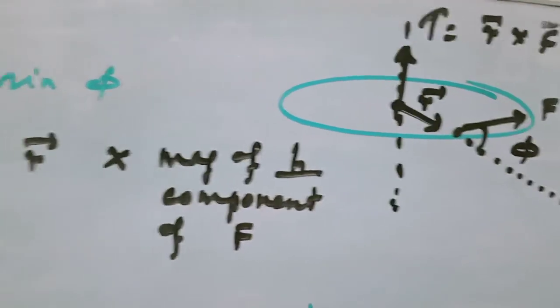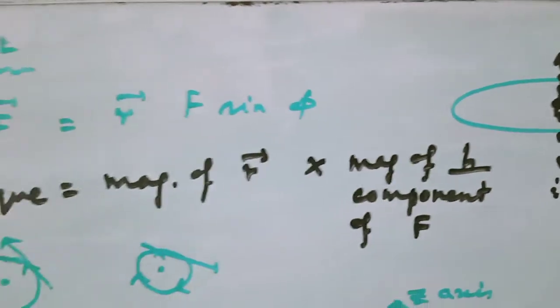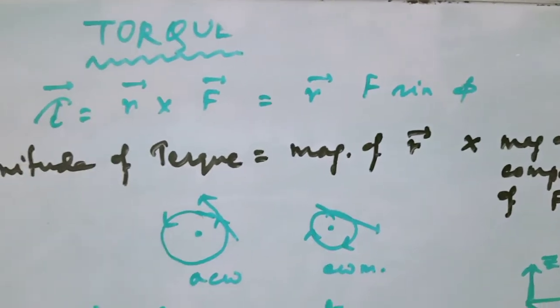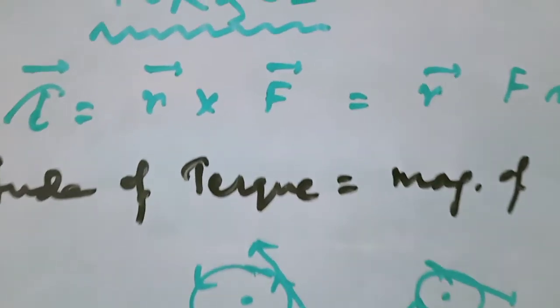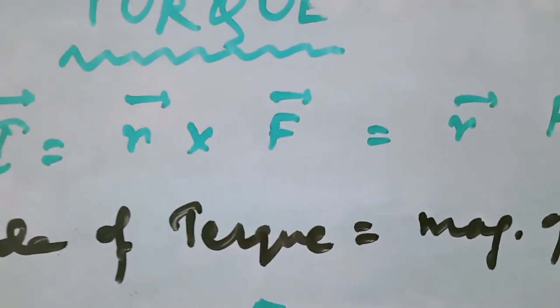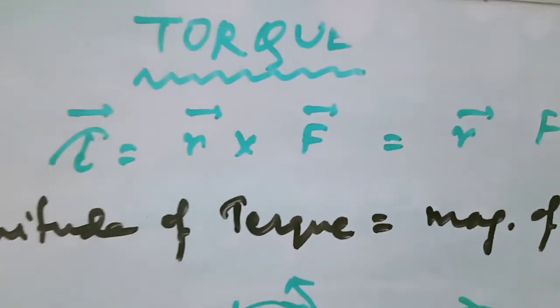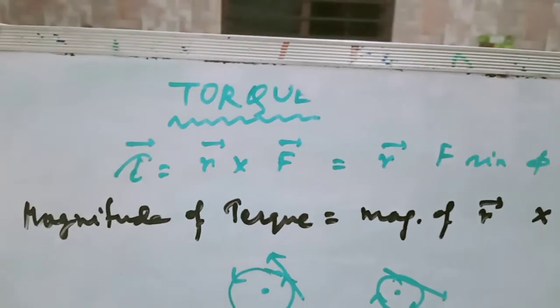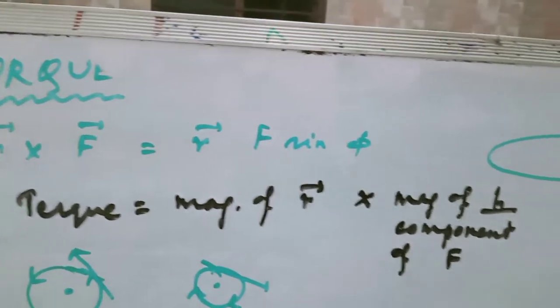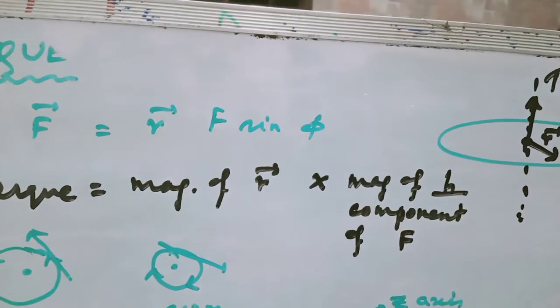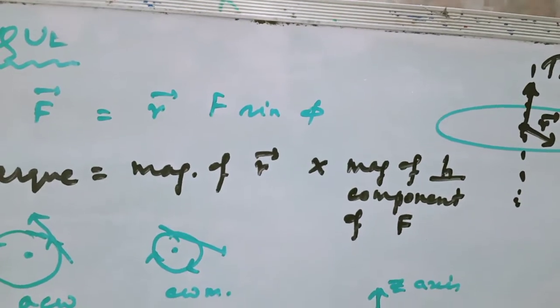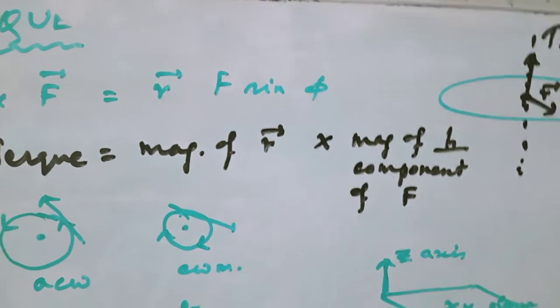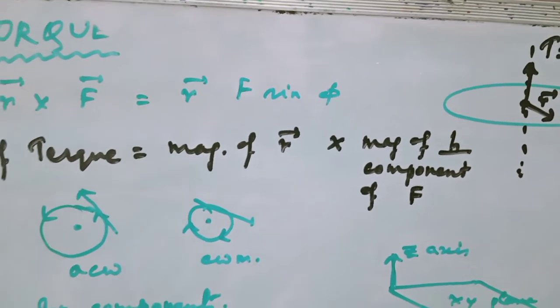So force acting towards the center will give you zero torque, because the center is the fixed point and the distance from the axis of rotation becomes zero, so the torque will be equal to zero. So the magnitude of torque is the magnitude of the perpendicular component of force times the perpendicular distance from the axis of rotation.